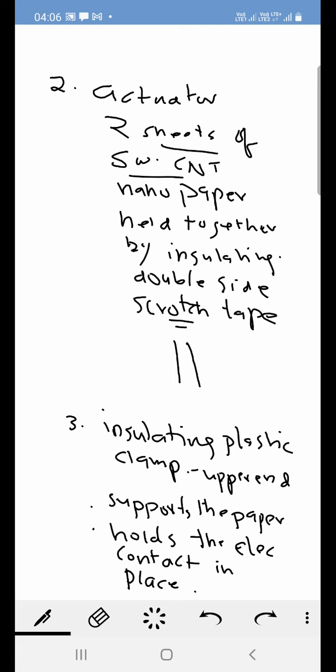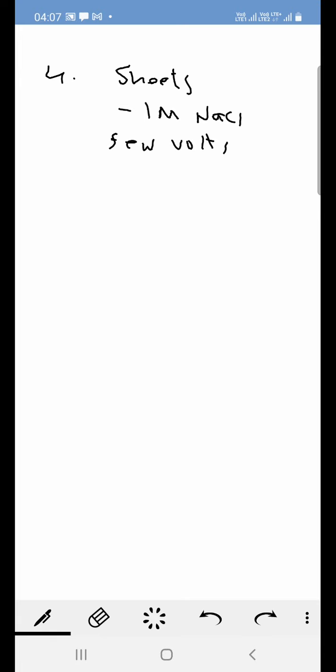Now, after that, the sheets, the paper, whatever you may call it, are placed in 1 molar NaCl solution, and a few volts are applied, which causes a slight deflection.